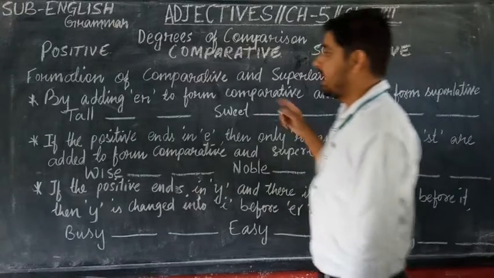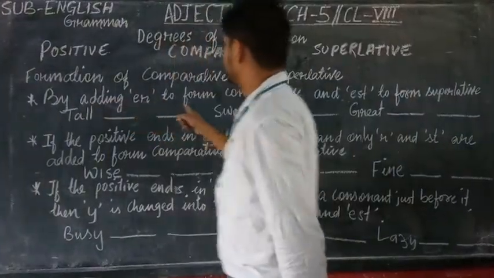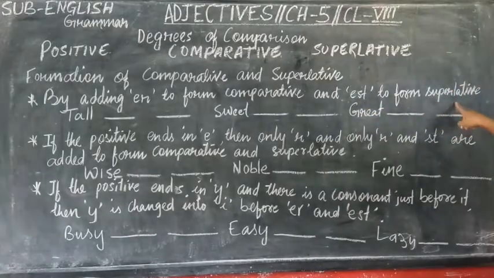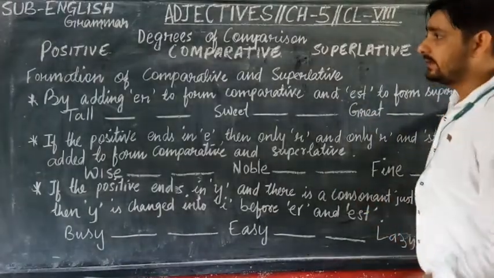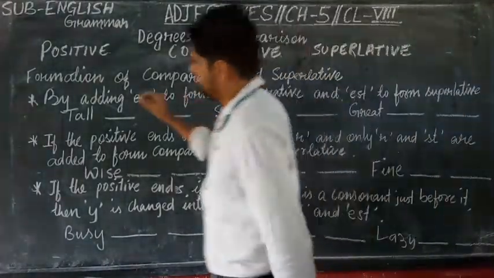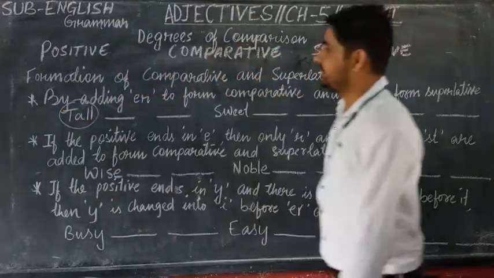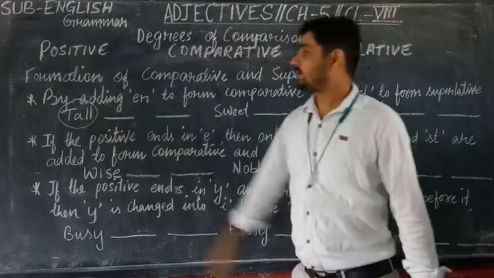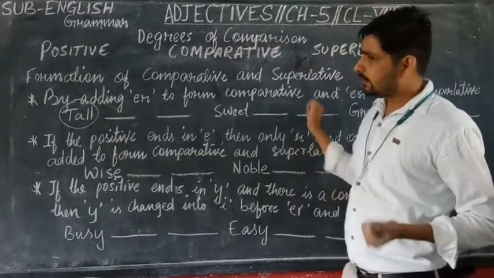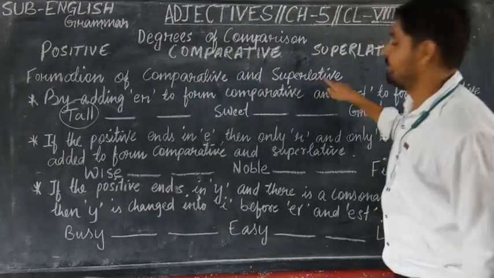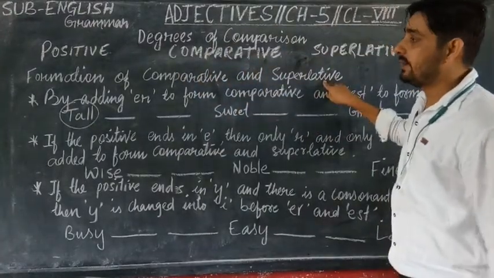Now, by adding er to form comparative and est to form superlative. This is our positive degree, and we can make this positive degree into comparative also and superlative also. So how can we make them?